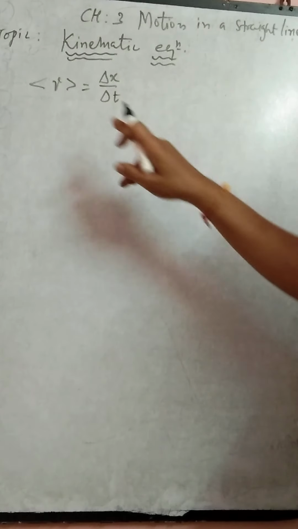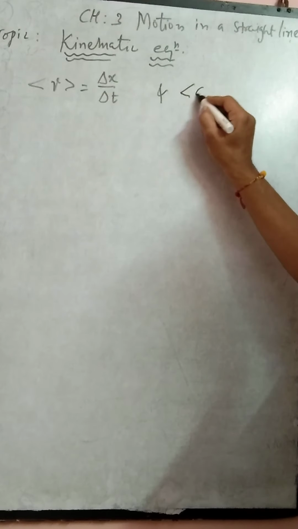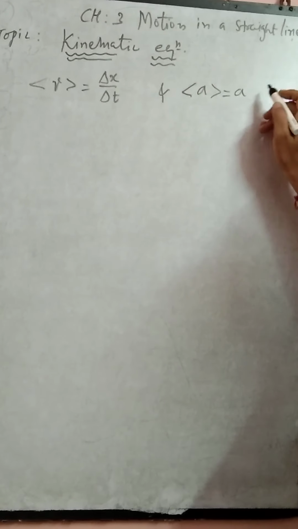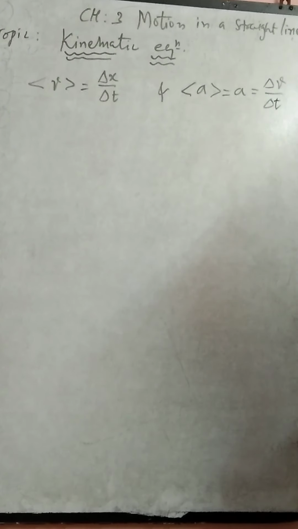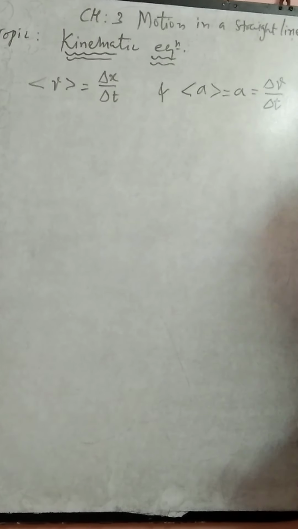And if the body is performing motion with a constant, uniform acceleration, average a is equal to a, because acceleration is not changing with time. So average a equals a can be written as delta v by delta t. These are the two equations which we will use to derive the kinematic equations.